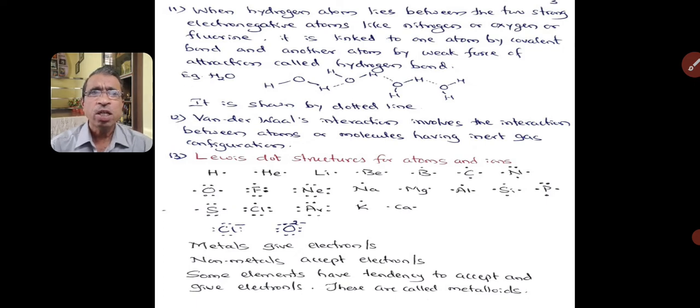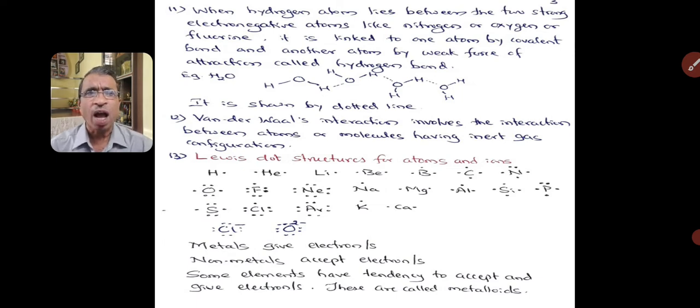So I repeat, when hydrogen atom lies between two strongly electronegative atoms like nitrogen or oxygen or fluorine, it is linked to one atom by covalent bond and another atom by weak force of attraction called hydrogen bond. The hydrogen bond here is shown by a dotted line.